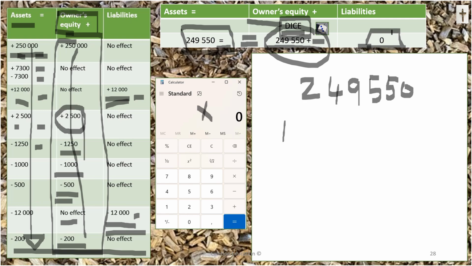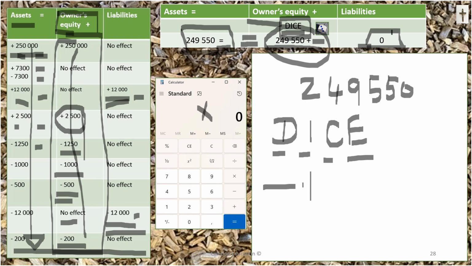And I used this dice. Drawings, income, capital, and expenses. Drawings will decrease what the owner is worth.